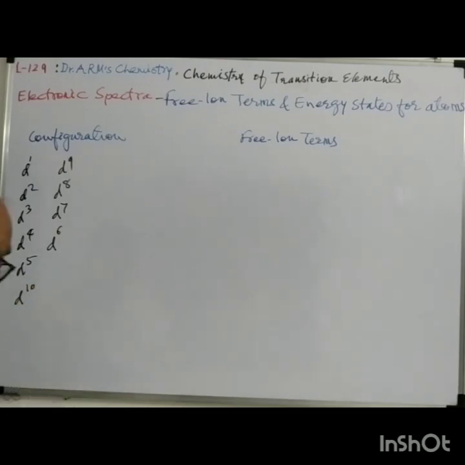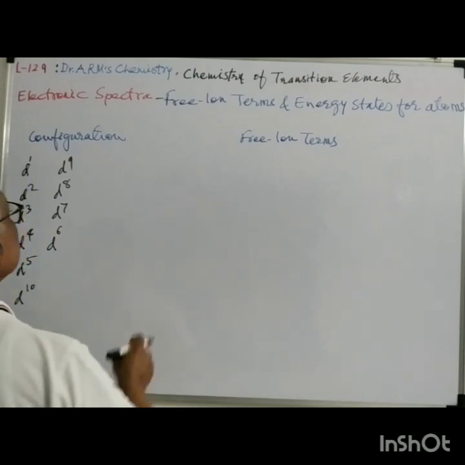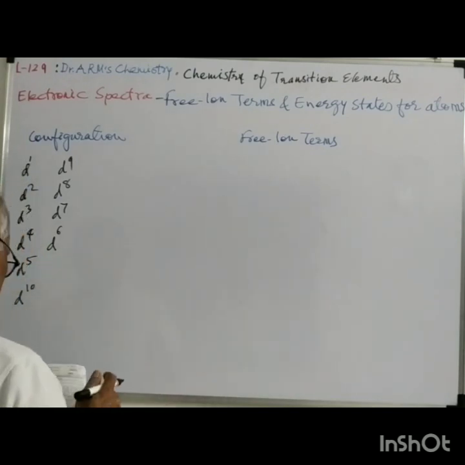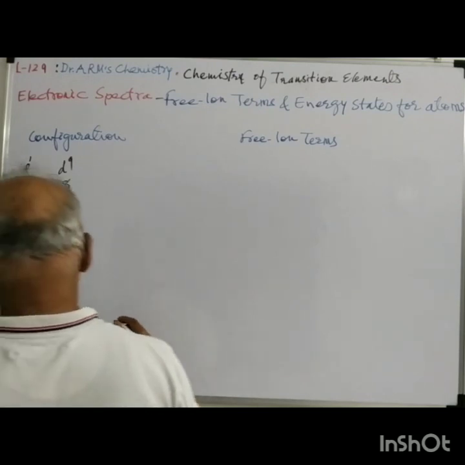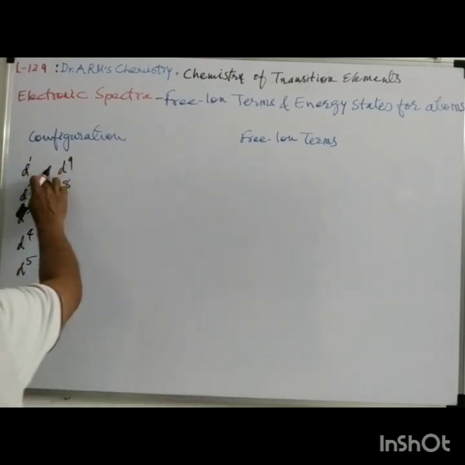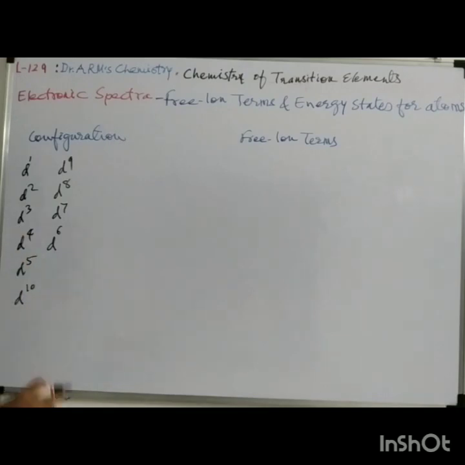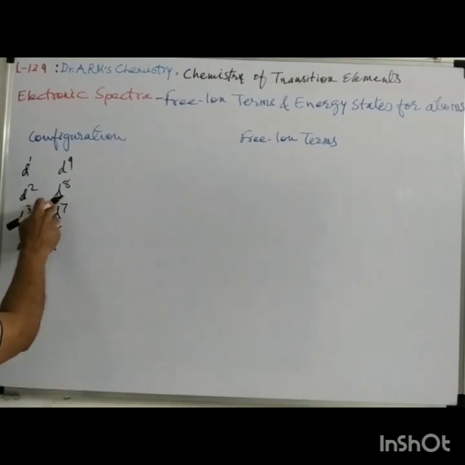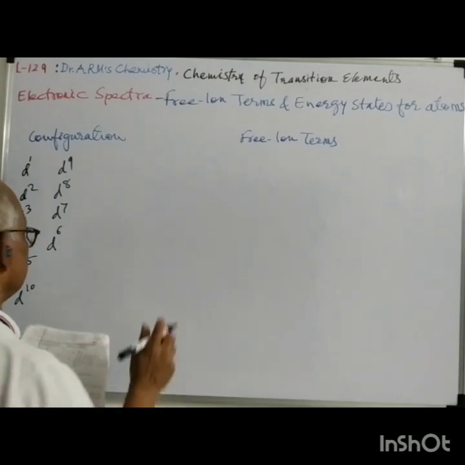And we will have the free ion terms for these configurations as here for d1 or d9, d2 or d10. The configurations with the same free ion terms have been shown in the same line.